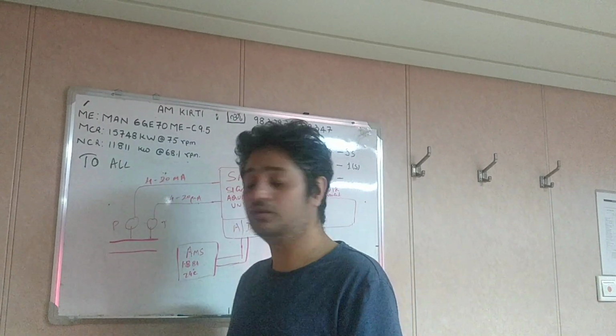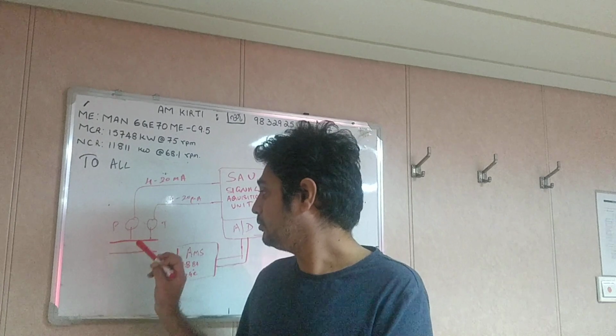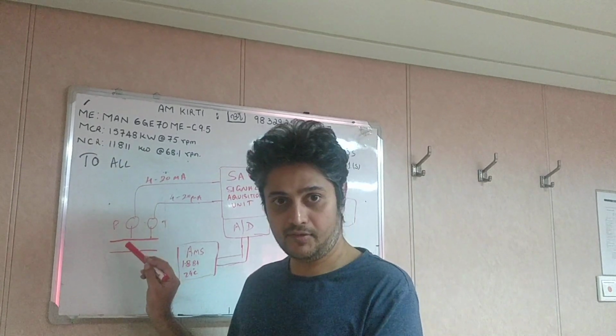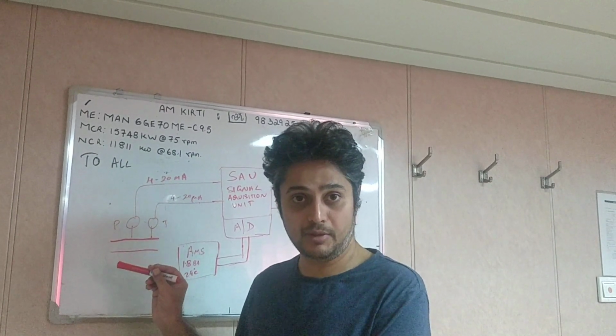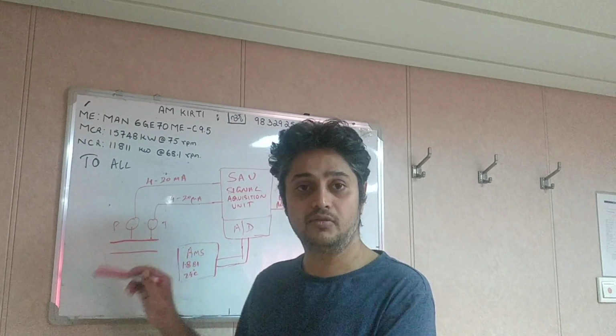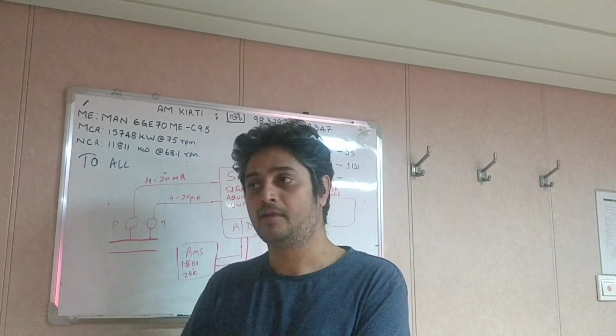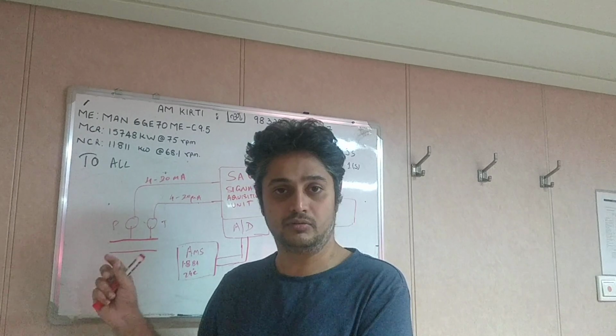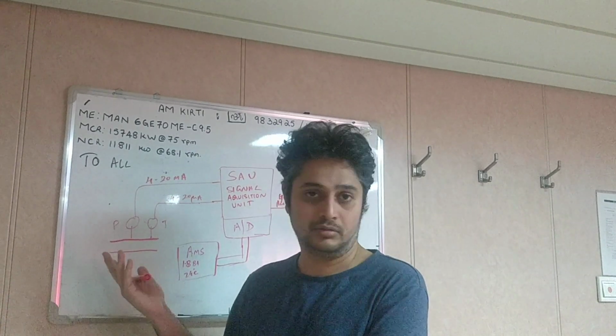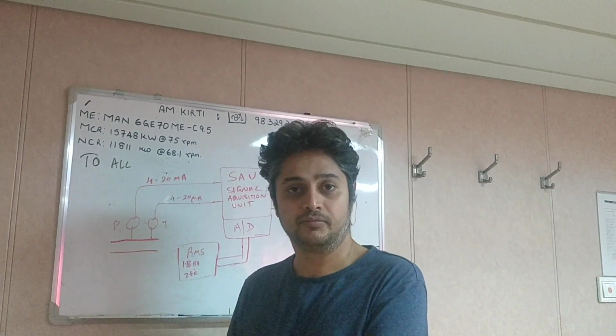You can do this with the help of a multimeter. But in case of a pressure sensor, he will use a pressure calibrator. In case of a temperature sensor, he will use a temperature calibrator to see whether it is showing some value or not giving any output.